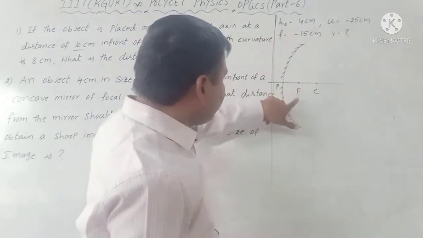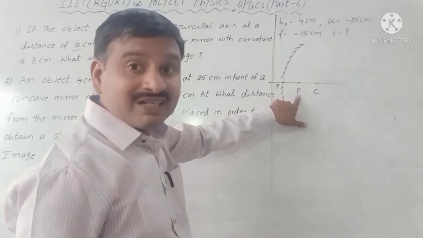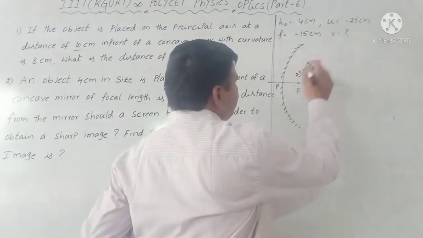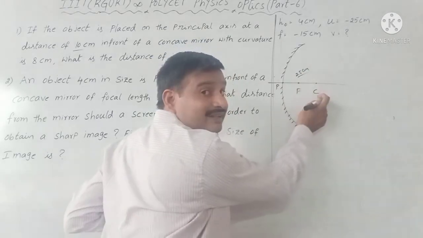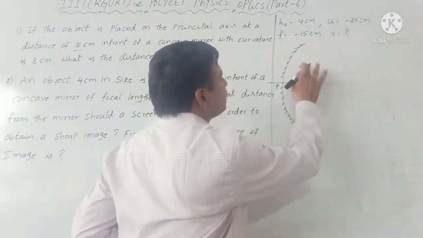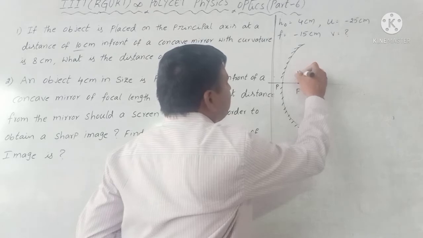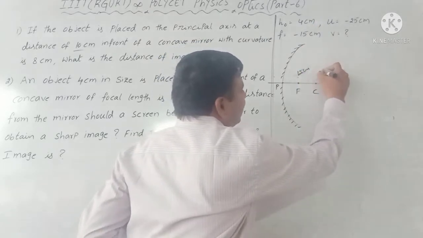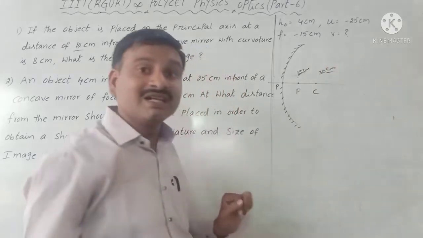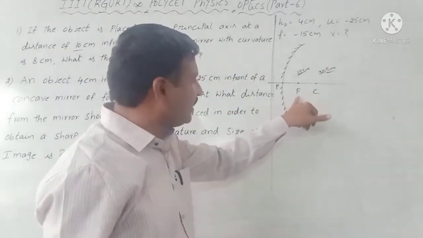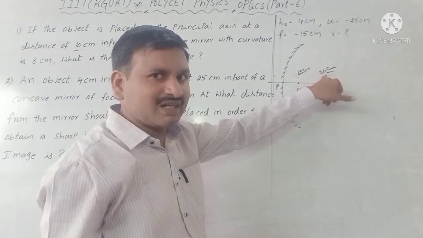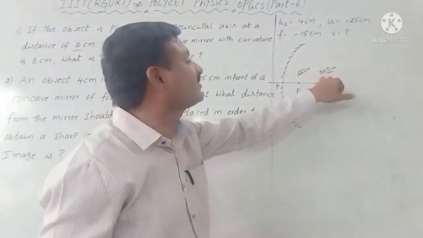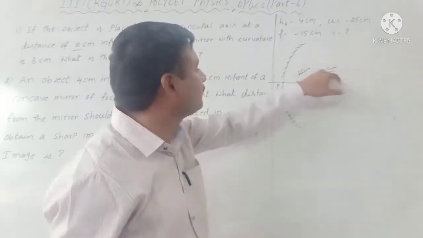The focal length is 15 centimeter, so the radius of curvature is exactly twice, that means 30 centimeter. C means the R value, the radius of curvature, is 30 centimeters.